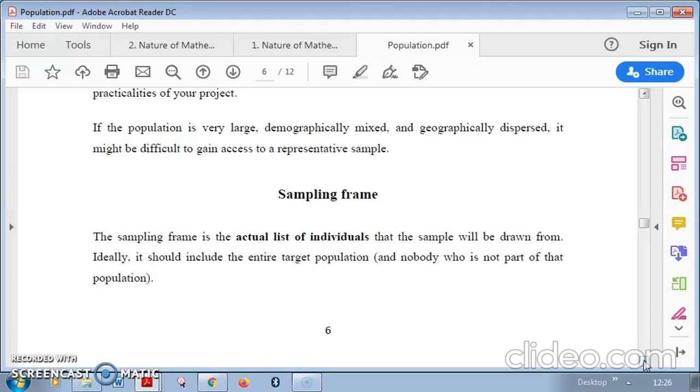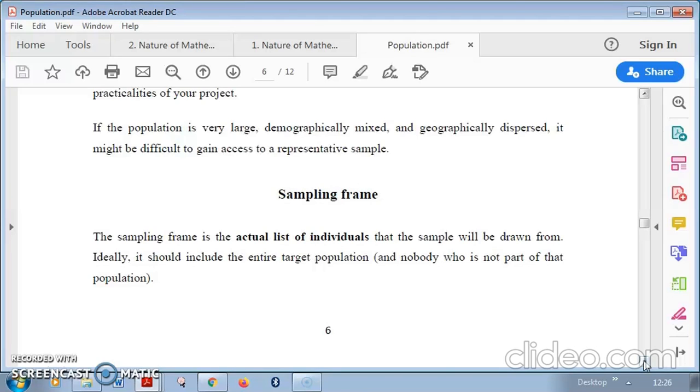So my sampling frame will be each and every student of Central University of Tamil Nadu. So I should have the list, students' names. Suppose I am going to contact the students through email, so I should have the student's name, phone number, and email. These basic details, everything should be there. So this is my sampling frame.